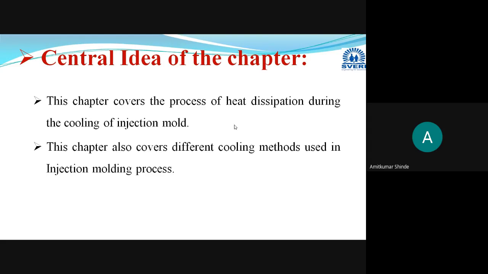How to calculate that amount of heat removed? That we are going to discuss in this chapter. And another point which we are going to discuss here is the different cooling methods, or different cooling channels, which we are going to use for cooling this plastic injection mold.